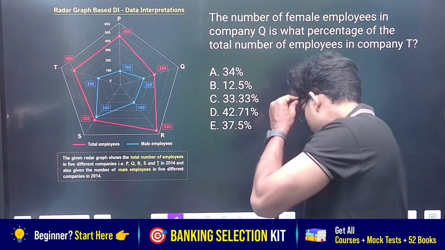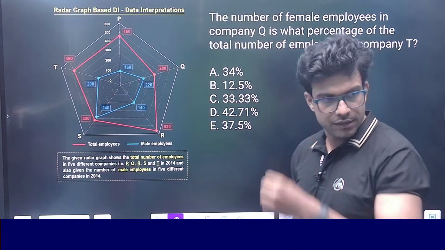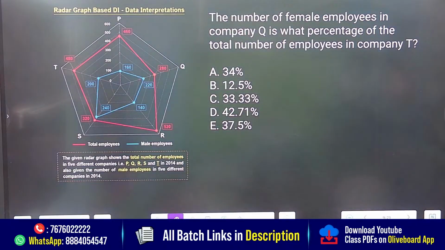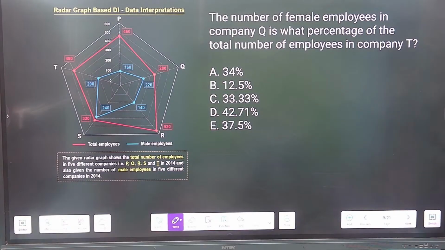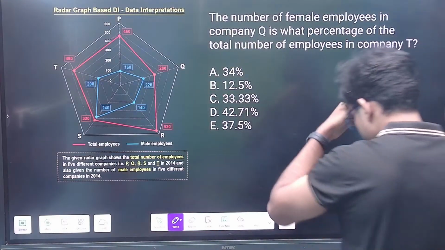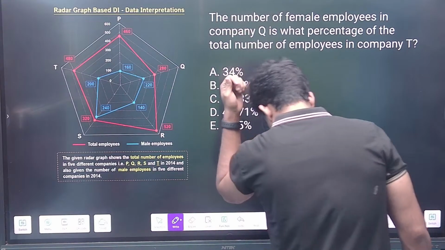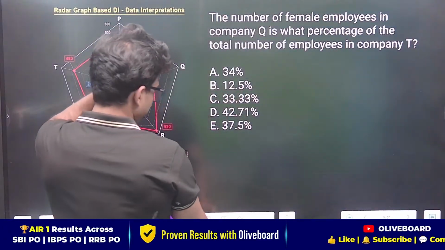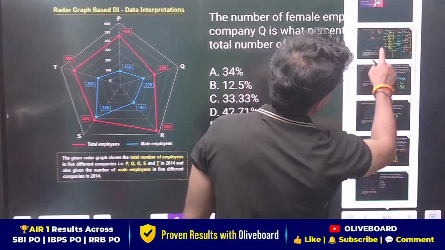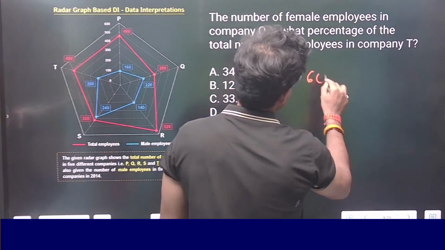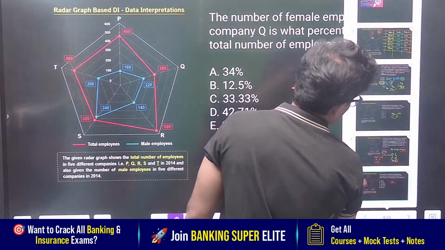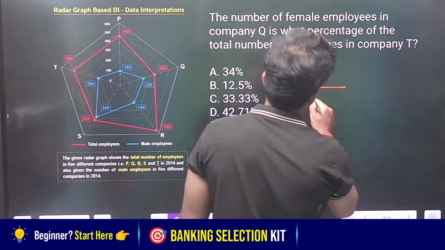Those who are having that table chart, I think they can answer this question quite easily. Come on, answer me. B, okay. The number of female employees in company Q is basically 60, divided by, is what percent of the total number of employees in company T. Total number of employees in company T is basically 480.